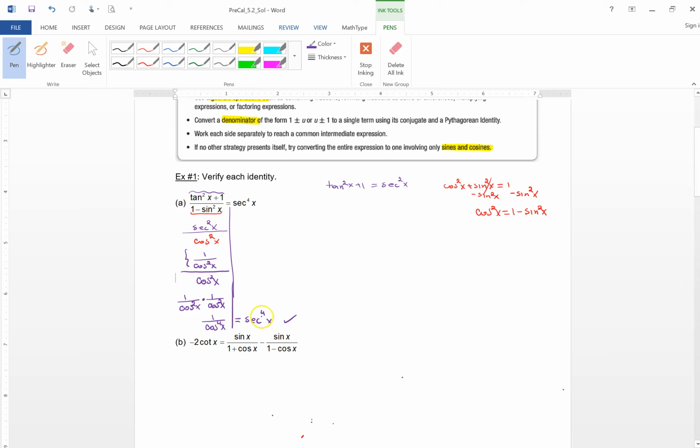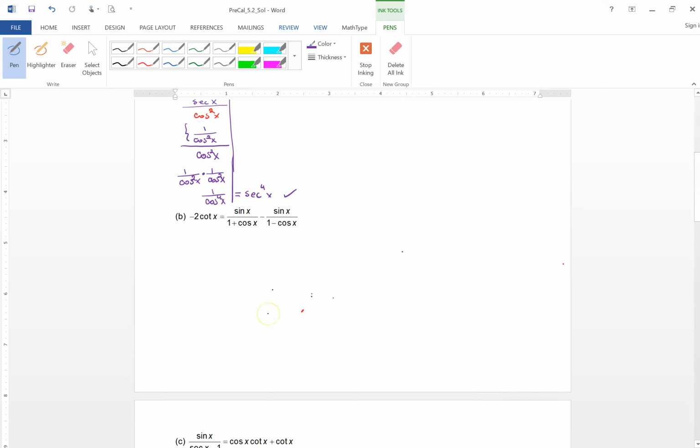Okay, the next one, the right side has the more complicated part, so that's what we're going to start working on. Now, you have two fractions being added or subtracted to each other, meaning you're going to do a common denominator. The common denominator is 1 plus cosine x, 1 minus cosine x.